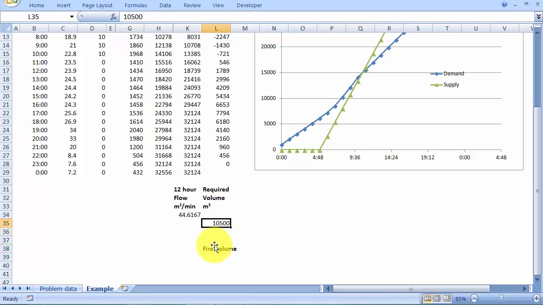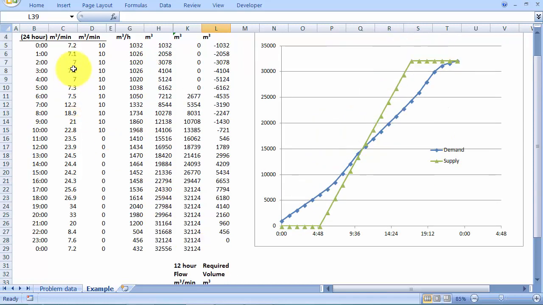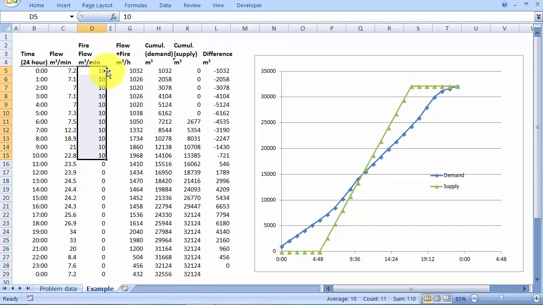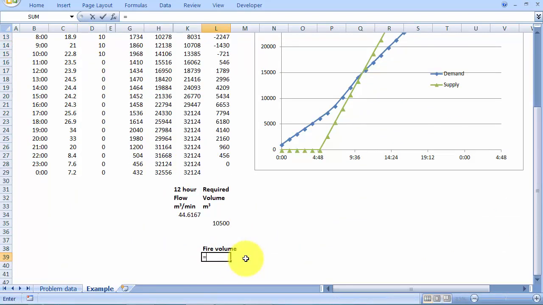We're really taking the value that we calculated earlier, and directly adding on 10 hours of continual use at 10 meters cubed per minute. So the fire volume on its own will be that 10 hours times 10 meters cubed per minute times 60 minutes in an hour. So some 6,000 meters cubed.